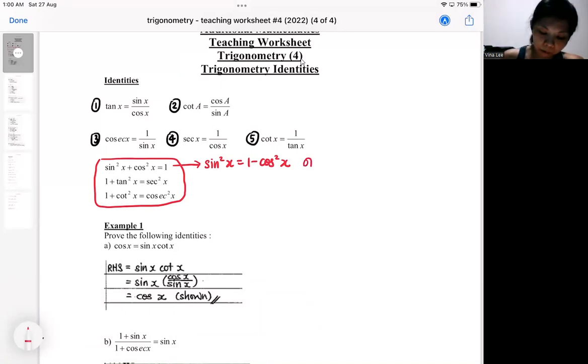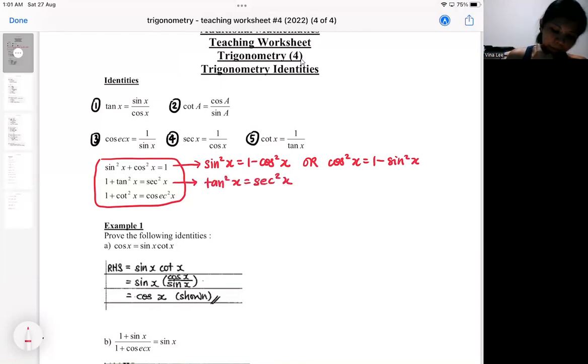So you can manipulate like this. The formula can be switched around. For example here, it can also be switched around.